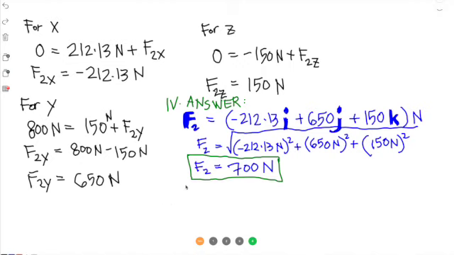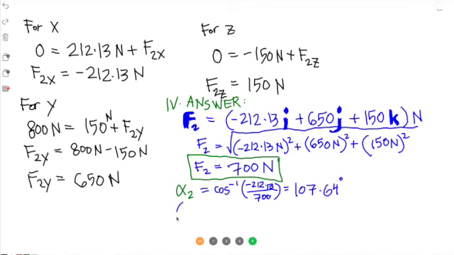So for alpha 2, that would be equal to the arc cosine of negative 212.13 all over 700, right? That's negative 212.13 divided by 700. Our inverse cosine of that is approximately 107.64 degrees.